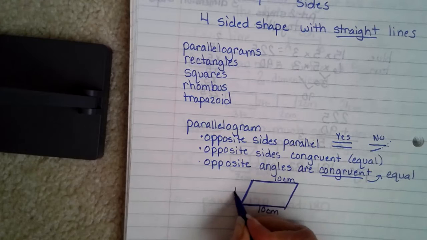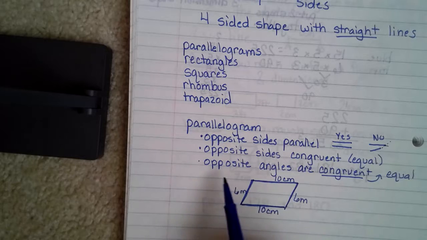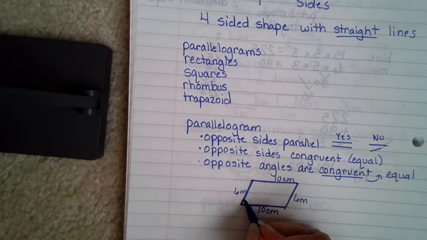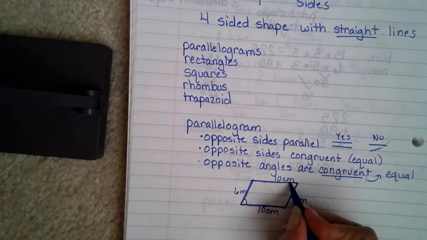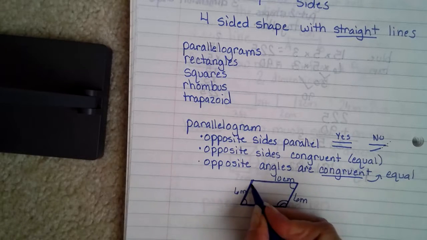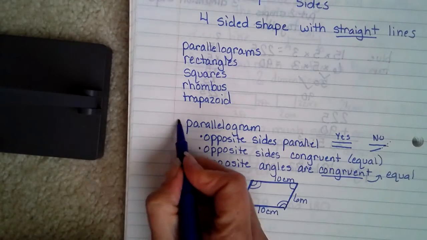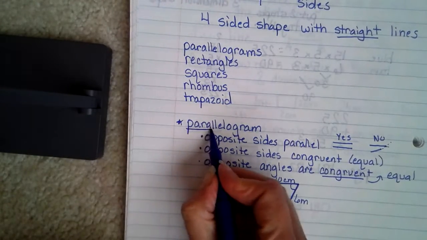If this one is 6 meters, then this one is 6 meters. Opposite angles are congruent. That means this angle right here is the same as that angle. And that means this angle right here is the same as this angle right there. So that's what a parallelogram could look like.